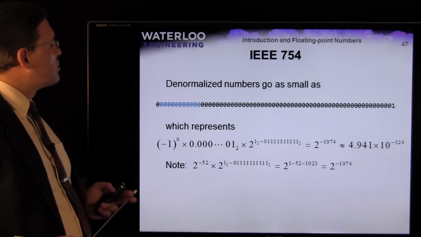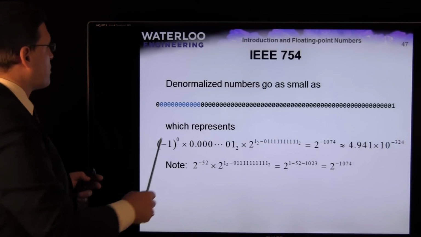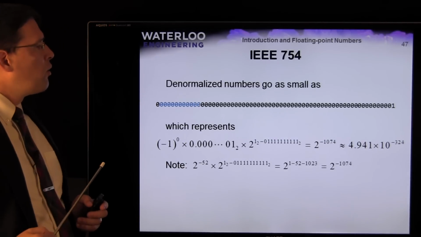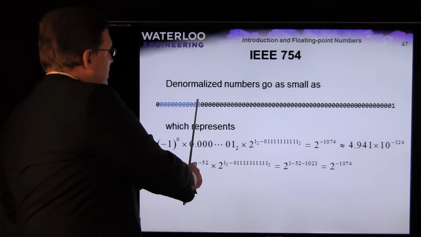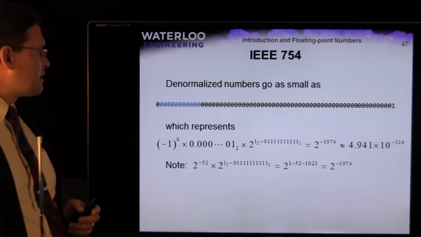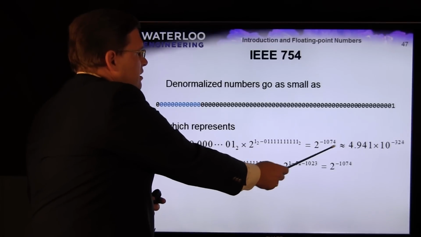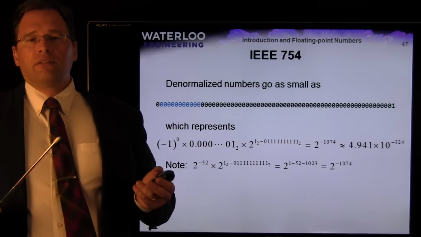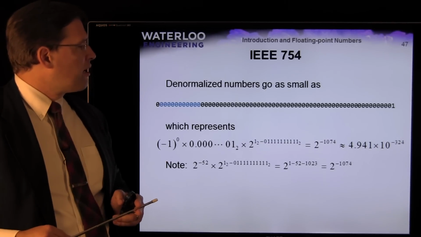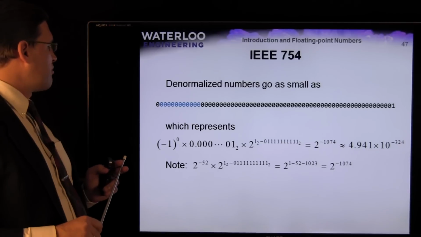We can even choose denormalized numbers. In the case of denormalized numbers, if all the digits of the exponent are 0, we assume that this now represents a denormalized number, and that can get as small as 2 to the negative 1074, or as small as on the order of 5 times 10 to the negative 324.